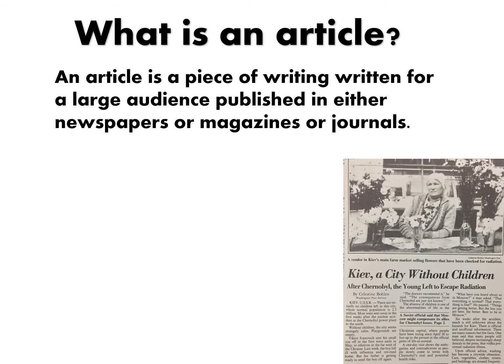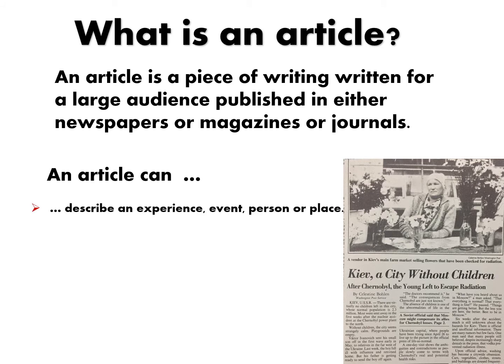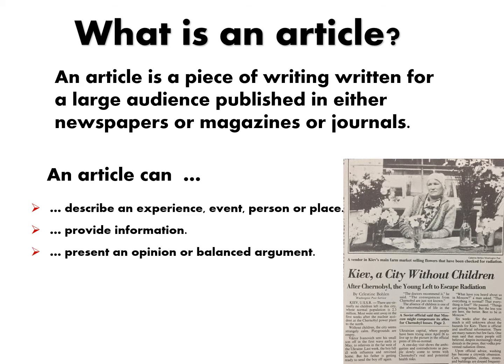Of course, an article is a piece of writing written for a large audience, published in either newspapers or magazines or journals. And of course, an article can describe an experience, an event, a person, or a place. Also, a newspaper article can provide information.